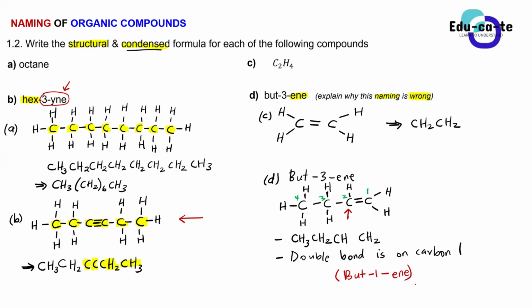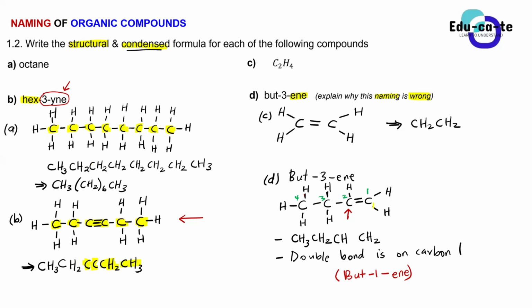If I say but-2-ene, is it correct or wrong? It's wrong. Incorrect. All right, give a reason why, Orifa. Why would it be wrong for us to say but-2-ene? It's going to be wrong because the carbon that is next to the double bond must be given the lowest possible number, and 1 is smaller than 2.